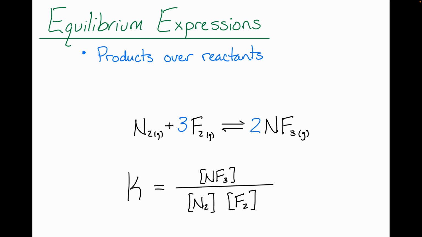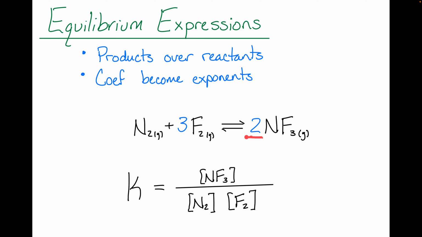Okay, cool. The next thing is these stoichiometric coefficients are also going to appear in our equilibrium expression. Our coefficients become exponents. What do I mean by that? Well, let's look here.